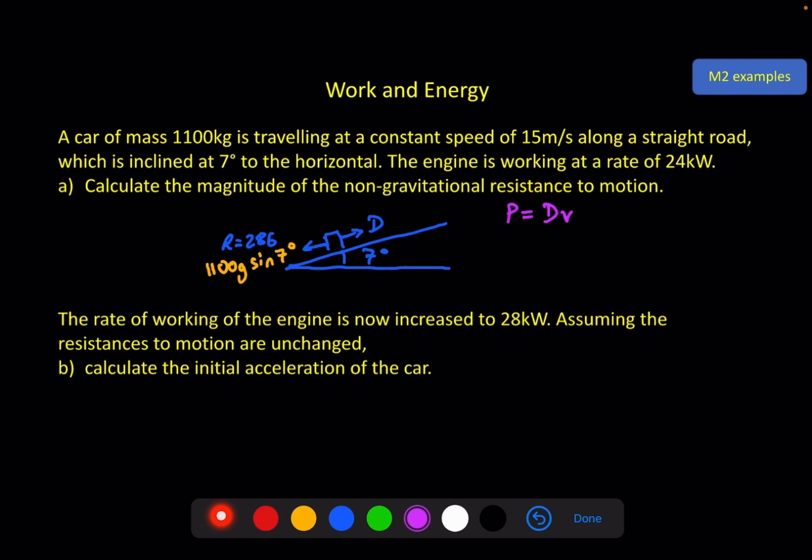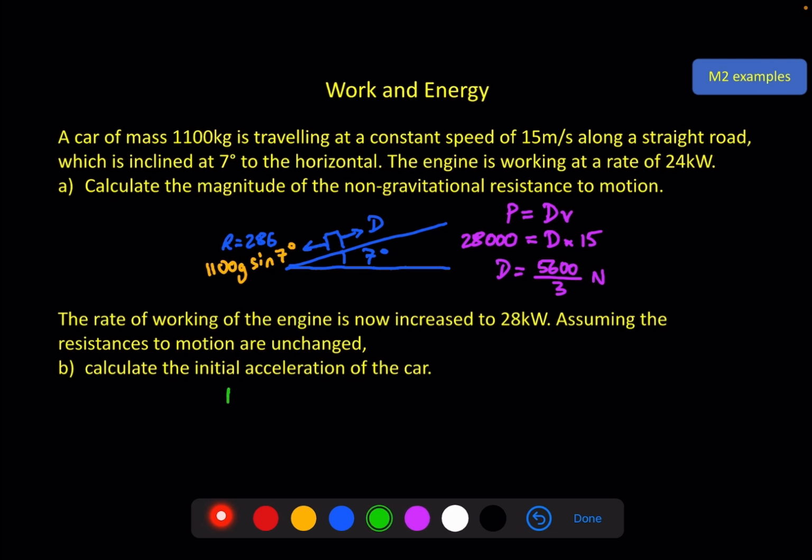Force times velocity. Now initially, the initial acceleration of the car, we know the velocity is 15 meters a second. Obviously, as soon as it accelerates, that will increase, but initially it's 15. So we've suddenly got 28,000 watts going at our 15 meters a second, which gives us a driving force of 5600/3 newtons.